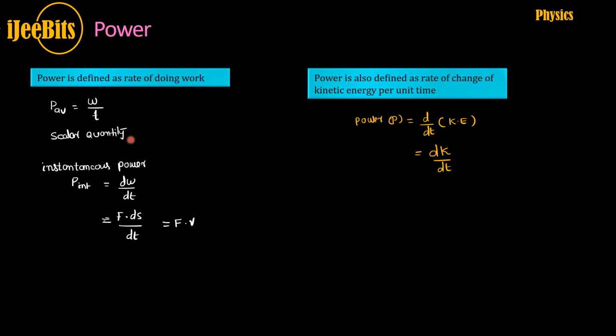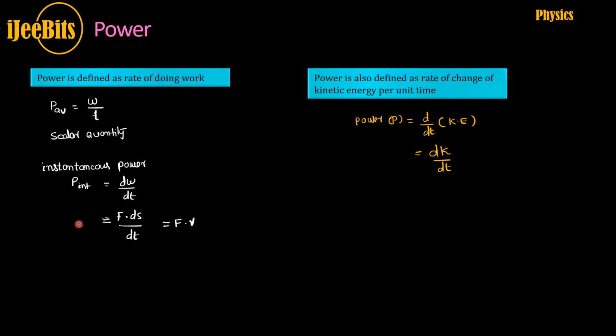If you look at instantaneous power, P instantaneous is nothing but dW by dt. dW, change in work done, is nothing but F dot ds, right? So F dot ds by dt is what your P instantaneous value. ds by dt is nothing but your V, right? Change in displacement by change in time is called V, velocity.